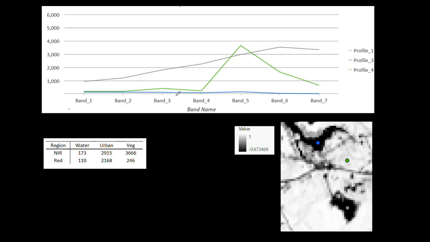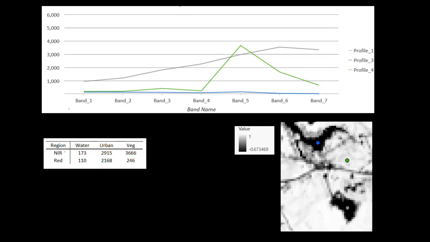So what I want to do is go through this example. This is the same thing we did when we talked about the ratio: looking at a spectral profile, an image, and some pixel values, and talking about what we would expect to see and what we actually see.